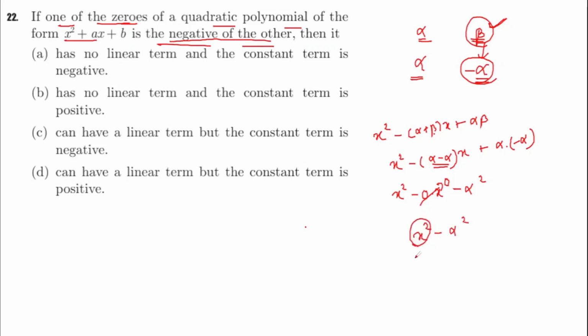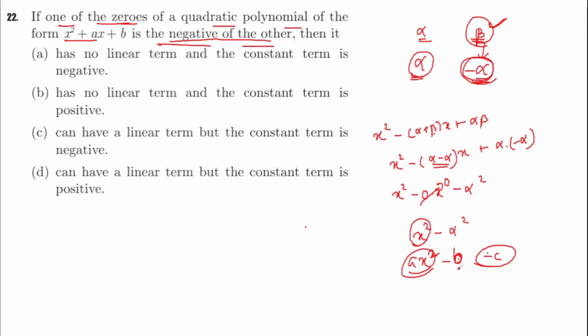That means if we generalize this thing, this will be ax square, and in place of b the thing is 0, and in place of c you will have some constant. So in this kind of polynomial, what we have learned is, if both the zeros are equal but negative of each other, in this kind of case the b, or the coefficient of x, will be 0.